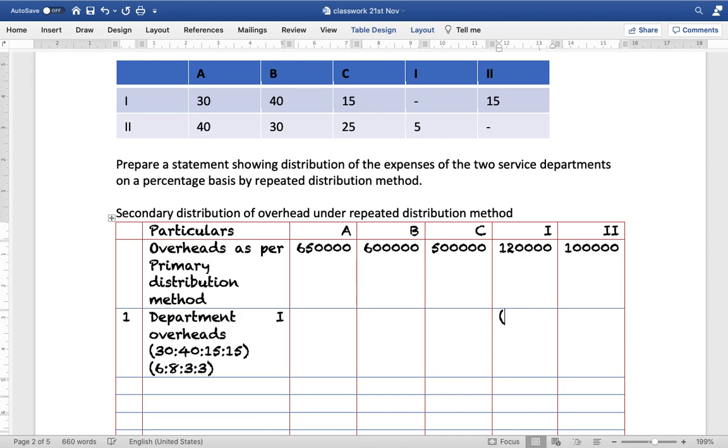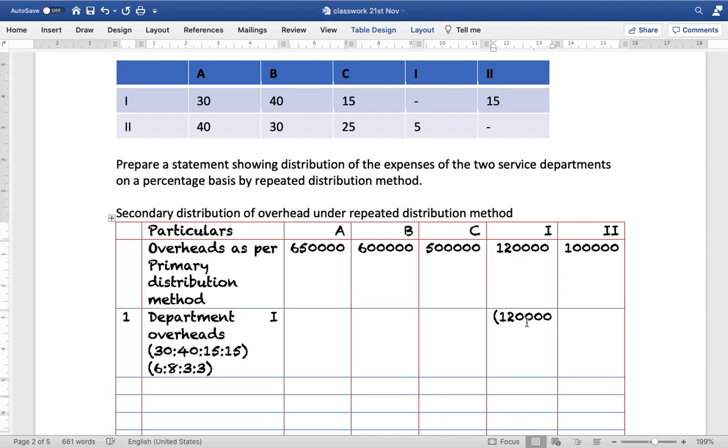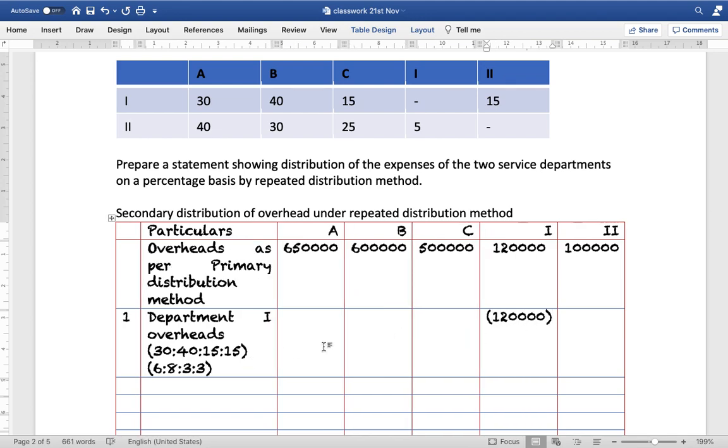So this 1,20,000 has to be distributed among the other departments in the ratio of 6:8:3:3.